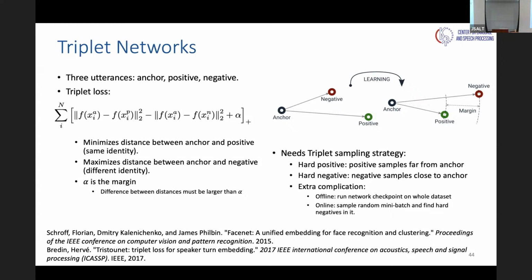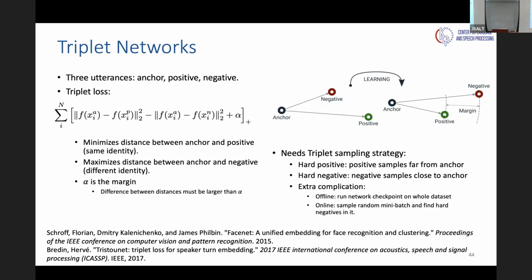So you have one audio that is the anchor, and then you have one audio that is a negative sample, another one that is a positive sample. So the positive sample is from the same speaker as the anchor, and the negative sample is from a different speaker than the anchor. And then you have this formula that basically pulls the negative sample away and puts the positive sample closer to the anchor.